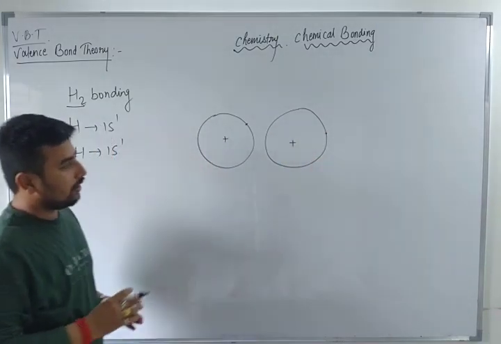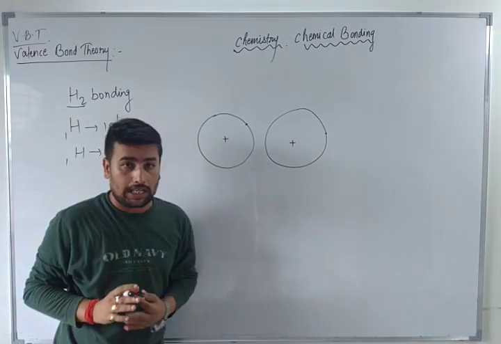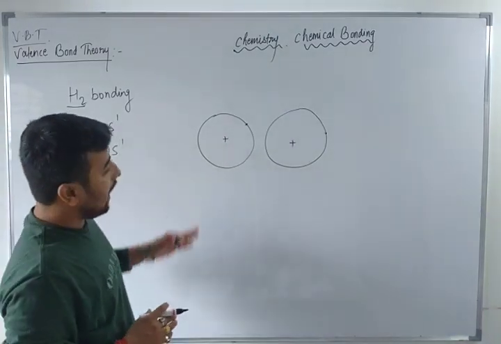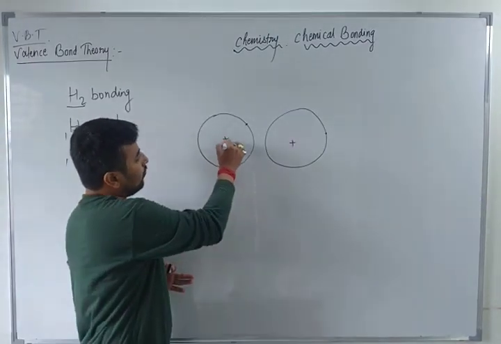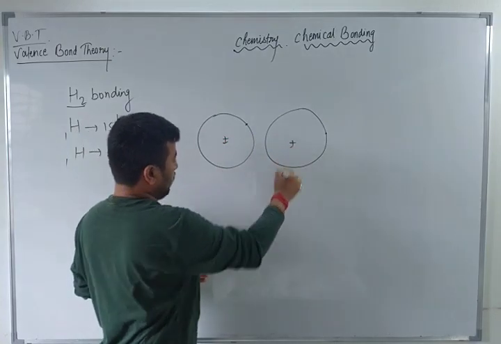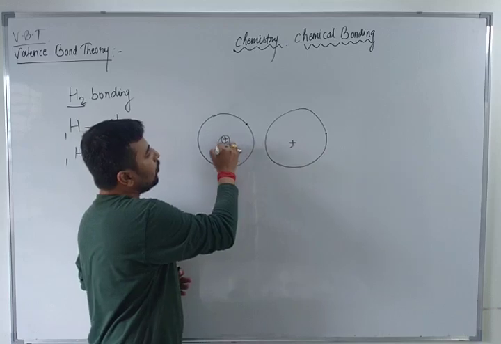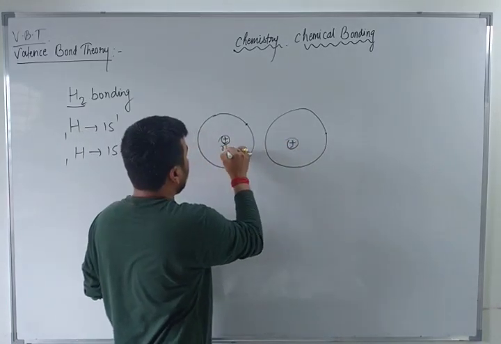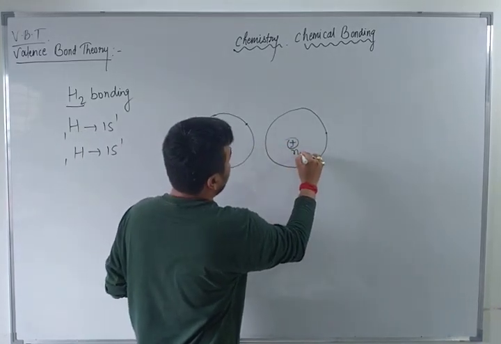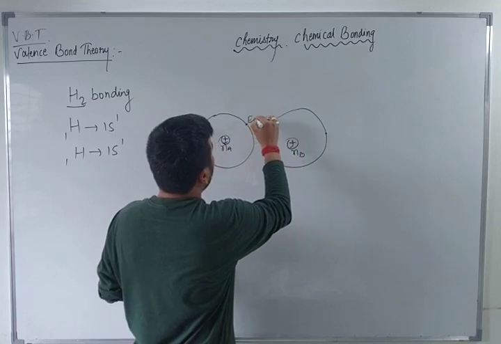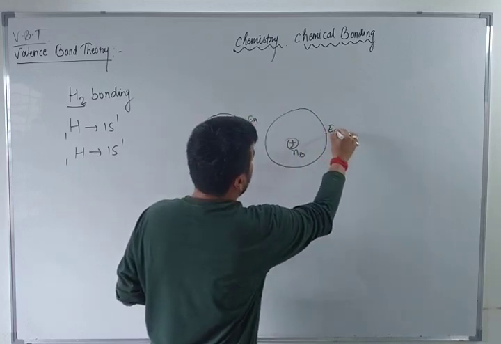Now the question is what? You can see both hydrogen atoms, and in these atoms you have seen the nucleus also. All the positive charge situated at the center of an atom is called the nucleus. So suppose this is the nucleus, Na and Nb, and this is the first electron and this is the second electron.